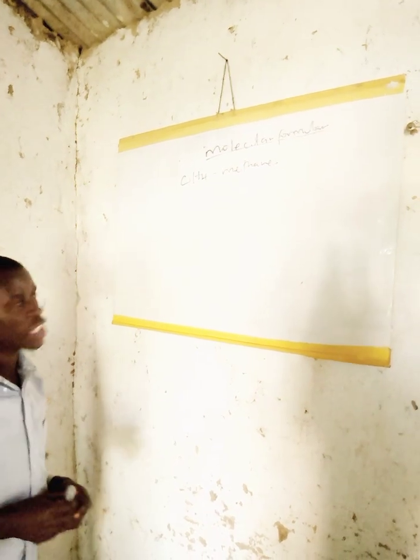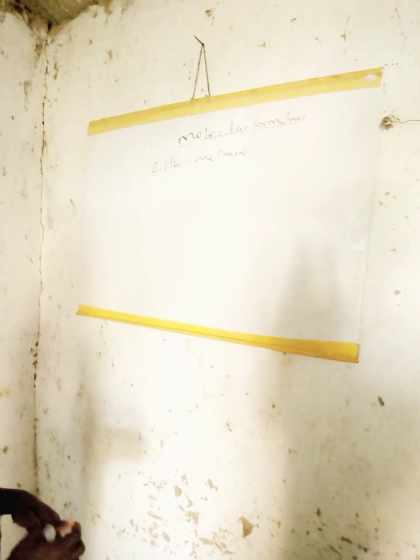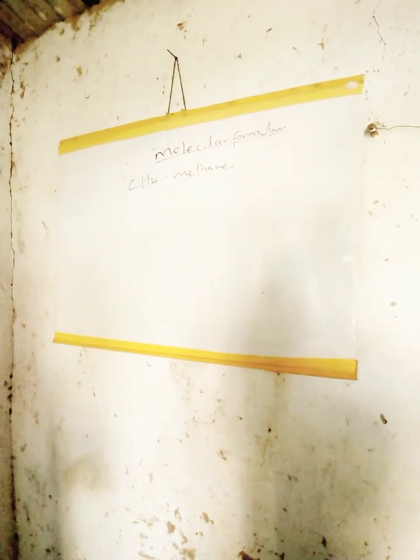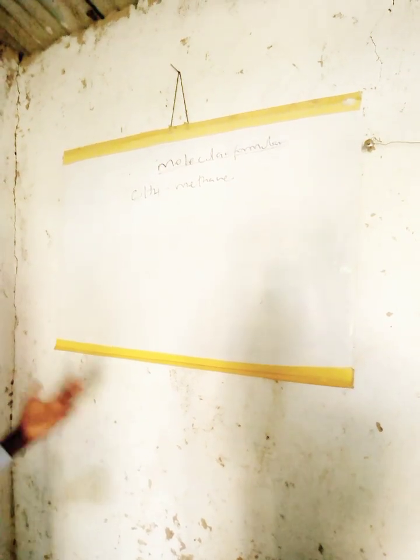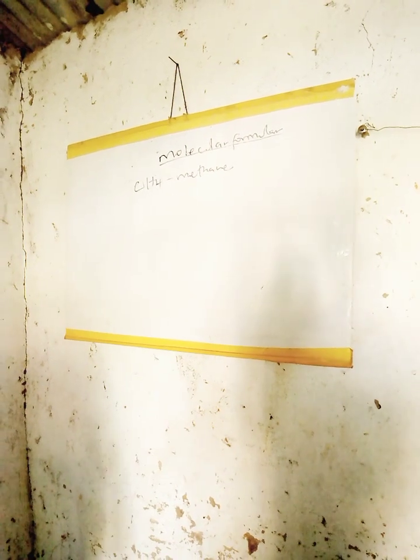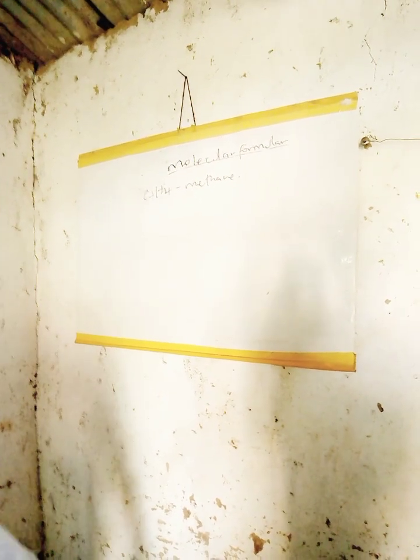We normally have examples under this. First of all, under the molecular formula, we have what we call the empirical formula. The empirical formula is a simplified form of the molecular formula. The molecular formula of a compound is a multiple of the empirical formula.